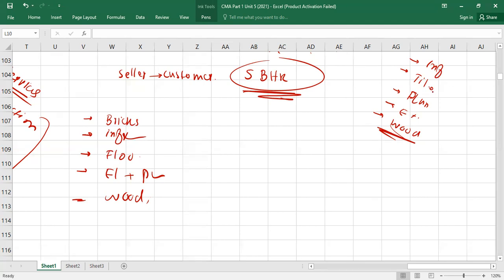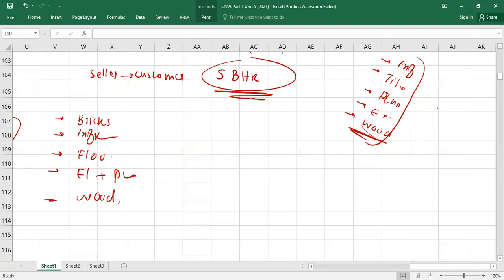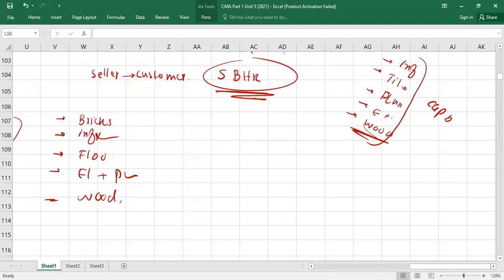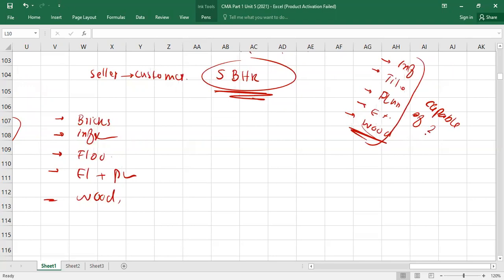Now tell me, now I'm going to apply. Are these services capable of being distinct? Capable of being distinct. Can I sell them normally? Can I sell these services separately or not? Yes, we can sell.